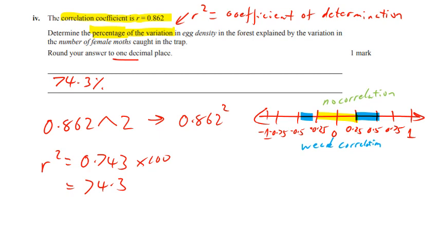What color should we go for now? Let's go for orange. This is moderate. So the orange is moderate correlation. I think you're getting the hang of that.